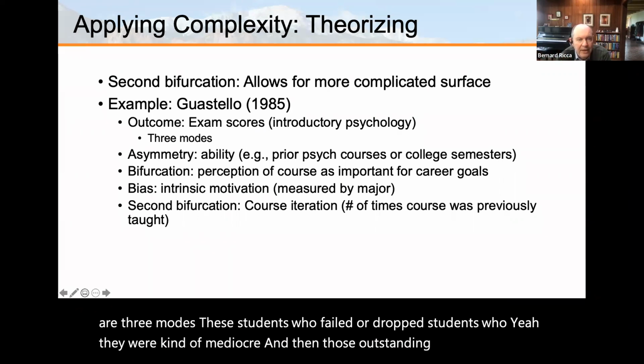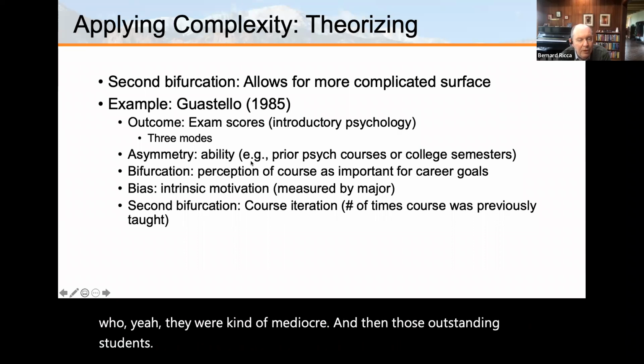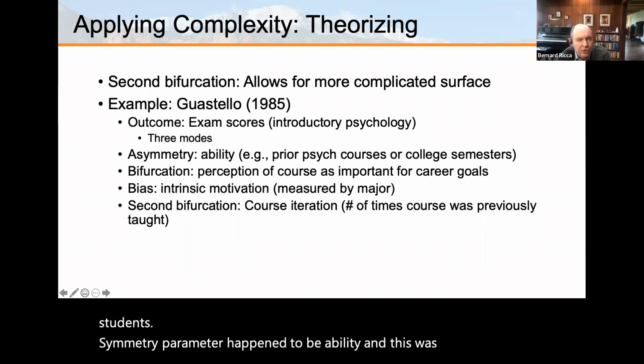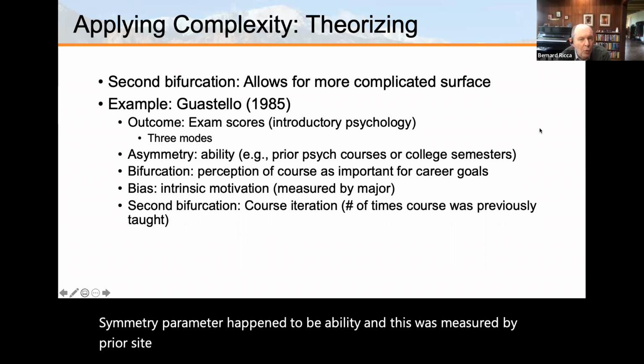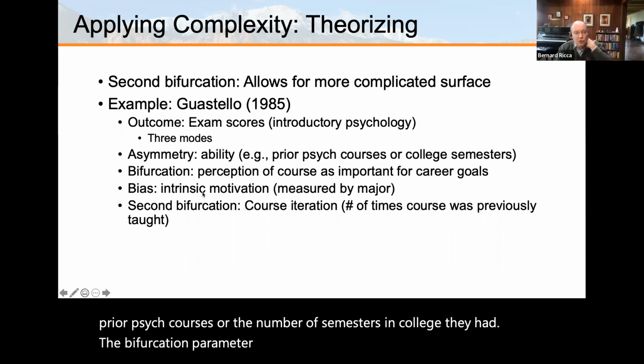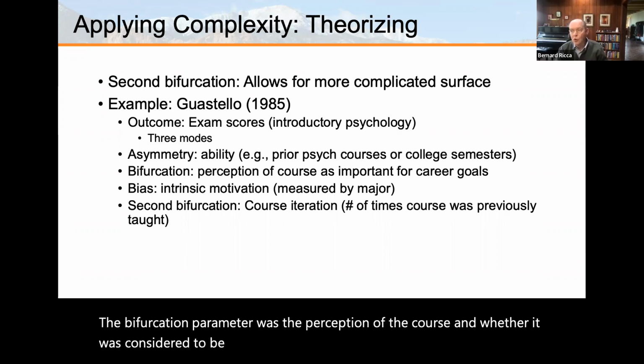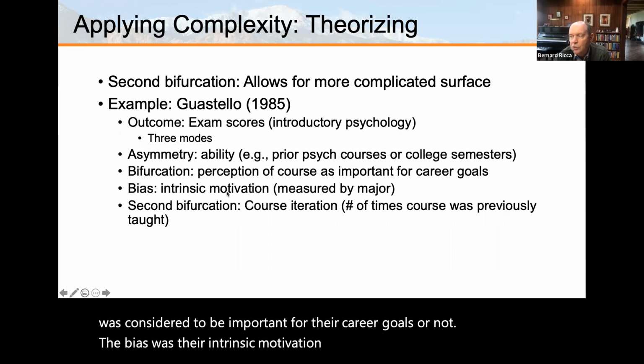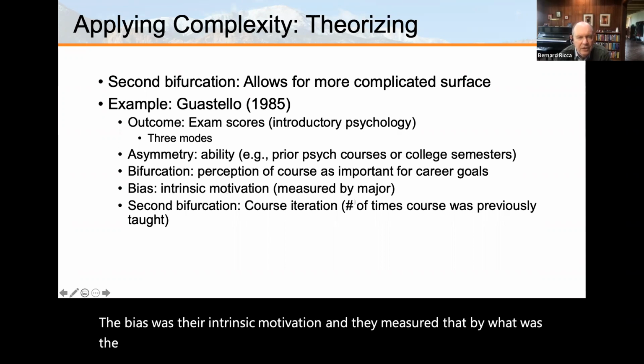The asymmetry parameter happened to be ability, and this was measured by prior psych courses or the number of semesters in college they had. The bifurcation parameter was the perception of the course and whether it was considered to be important for their career goals or not. The bias was their intrinsic motivation, and they measured that by what was the major.